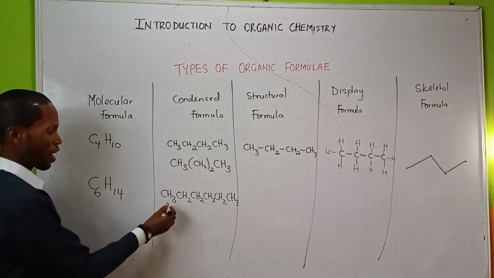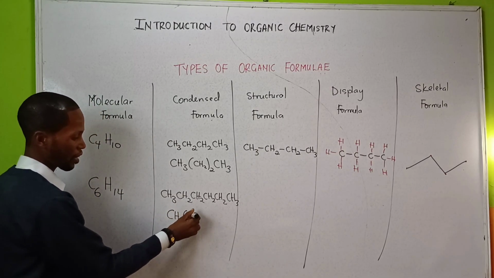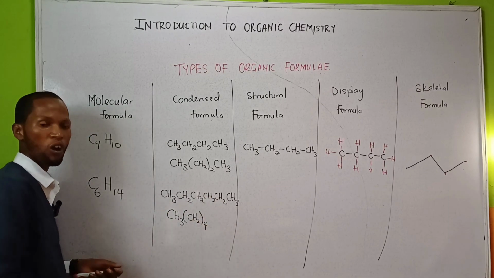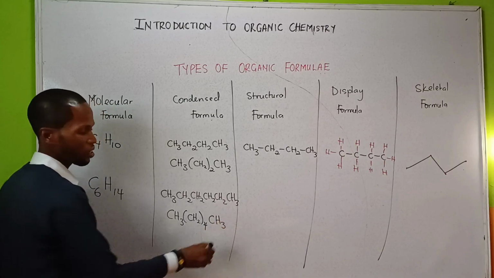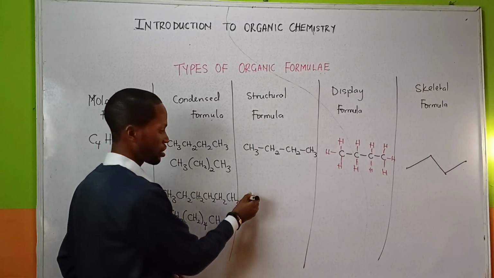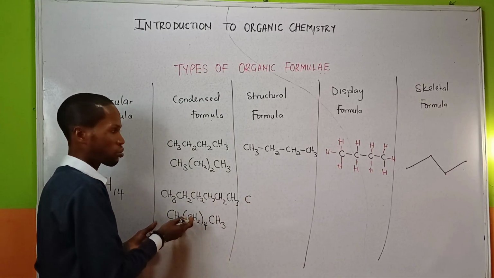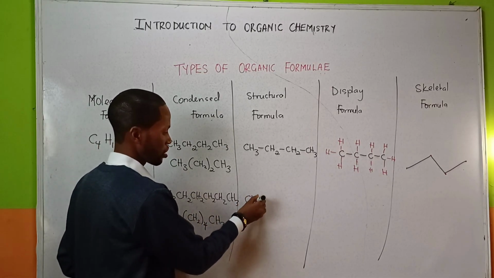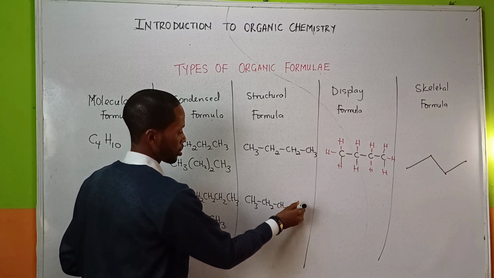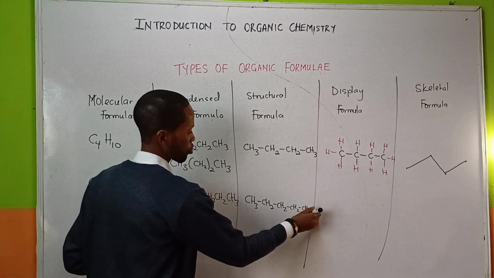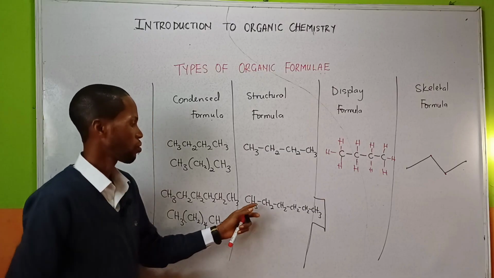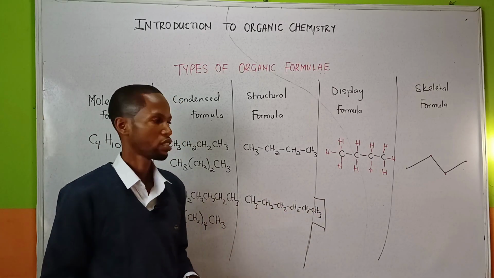Okay, we can also write it as CH3, open bracket, CH2, subscript 4, CH3. Okay, now the structural formula is written in a similar way as we have in the case of condensed structure: CH3, CH2, CH2, CH2, CH2, CH3. Okay, 1, 2, 3, 4, 5, 6.